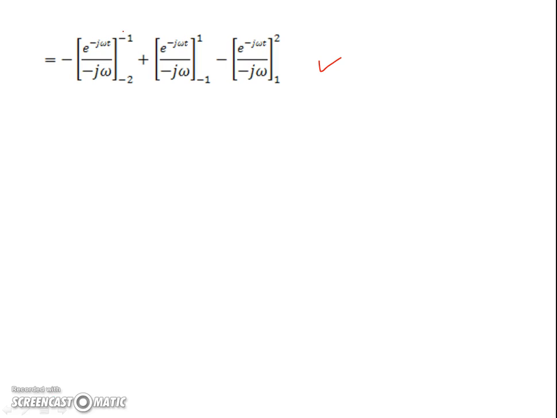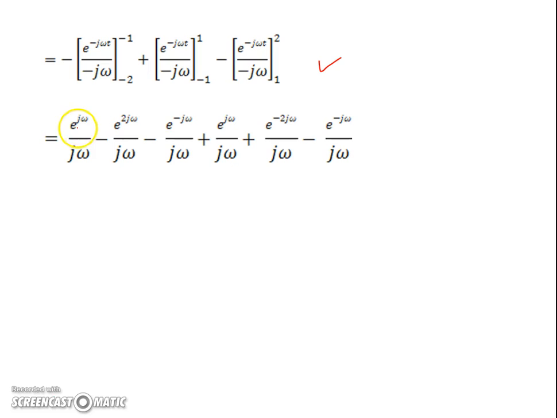From here, we can substitute the values into the t, and we will get a line like this, which is exponential j omega over j omega minus exponential 2j omega over j omega minus exponential negative j omega over j omega plus exponential j omega over j omega plus exponential negative 2j omega over j omega minus exponential negative j omega over j omega.